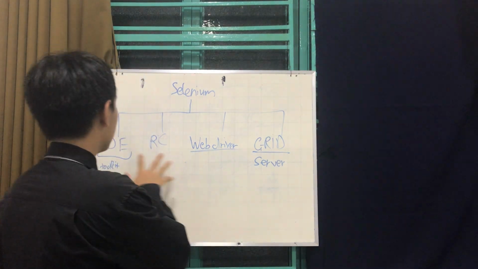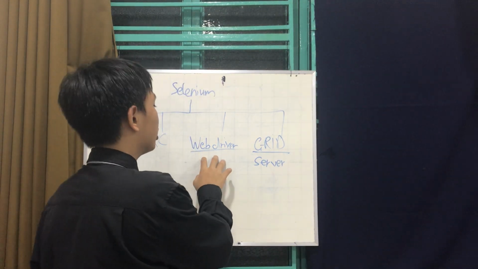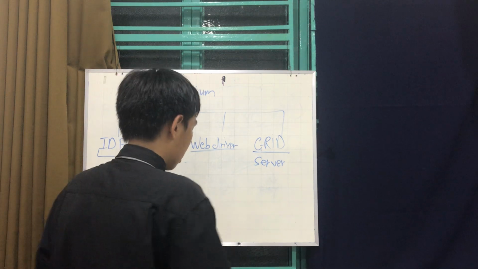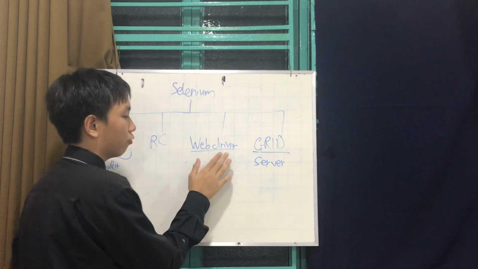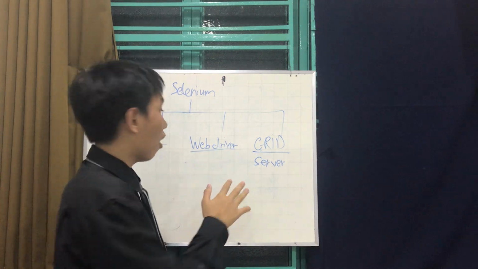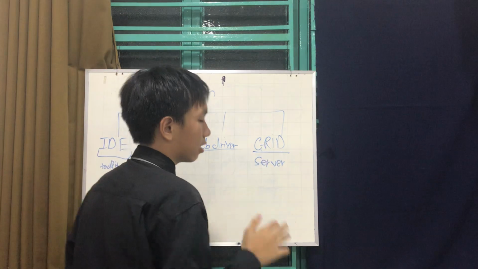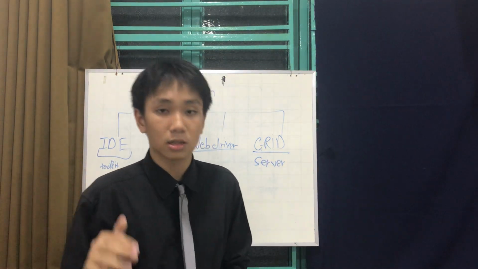So I haven't touched IDE, remote control, or Grid yet. I just have touched WebDriver. So this is what we will be doing for the first few weeks. And then after WebDriver, we will move on with IDE, then remote control, and then finally Grid, because Grid is the hardest and it is the server.